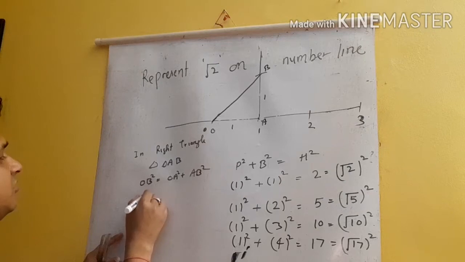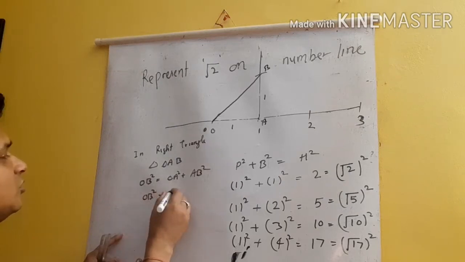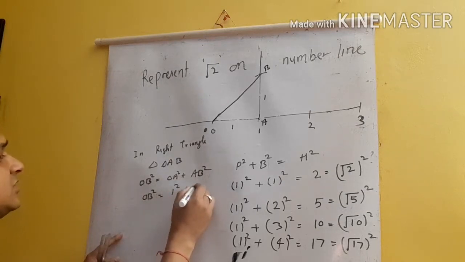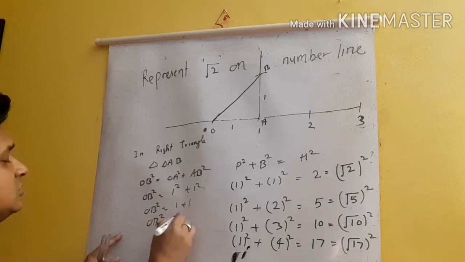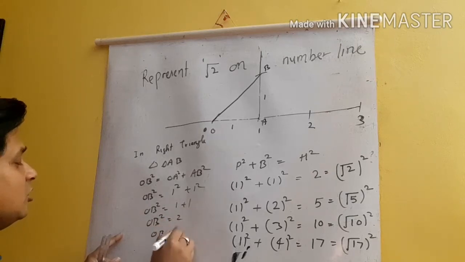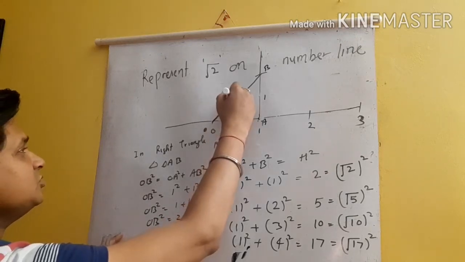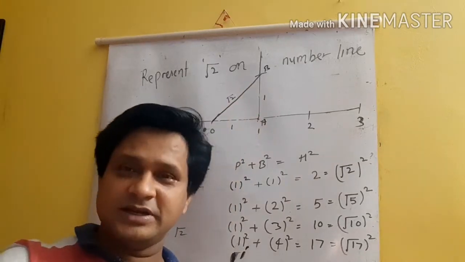So we have to find OB. OB square is equal to 1 square plus 1 square, so OB square is equal to 2, OB is equal to root 2. So this will be root 2, but I have to represent it on number line.